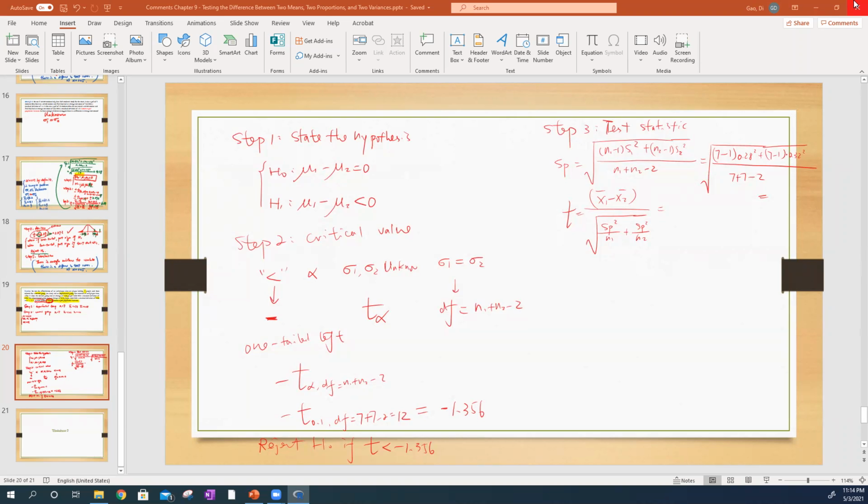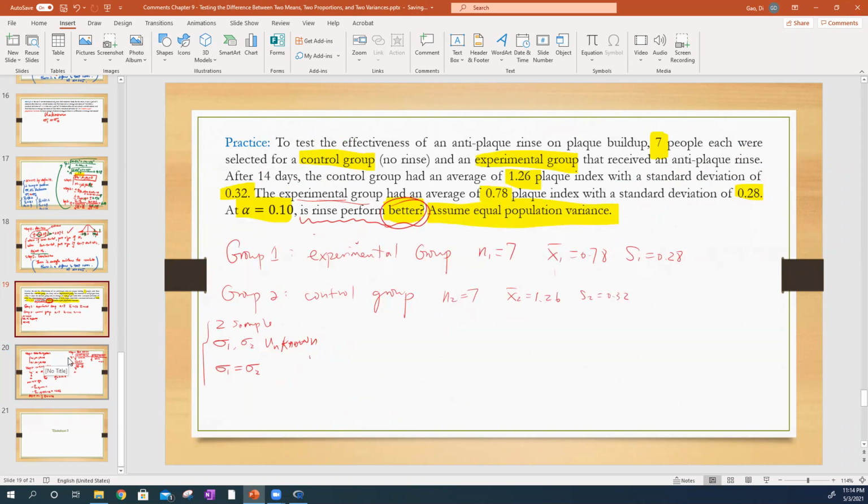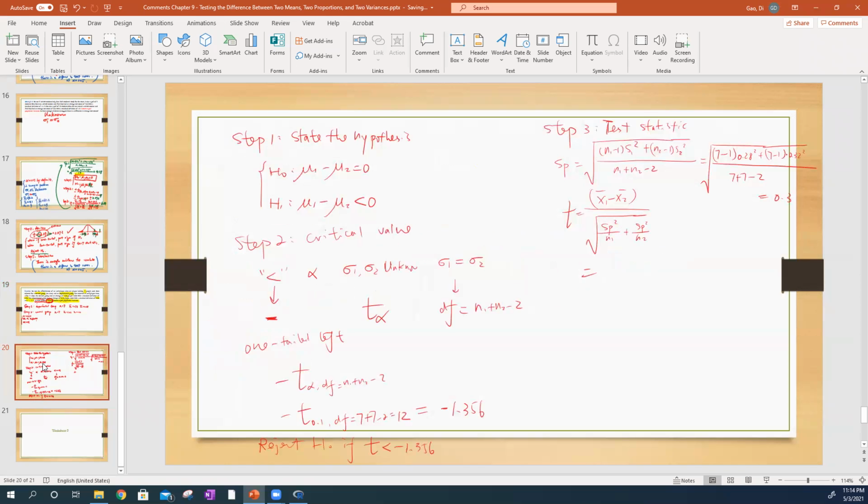And then don't forget to take the square root, 0.3. So then we have the pooled standard deviation, sp equals 0.3. And then we can just plug in, calculate the test statistic. x1 bar, 0.78, x2 bar, 1.26. Square root of 0.3 squared over 7 plus 0.3 squared over 7.